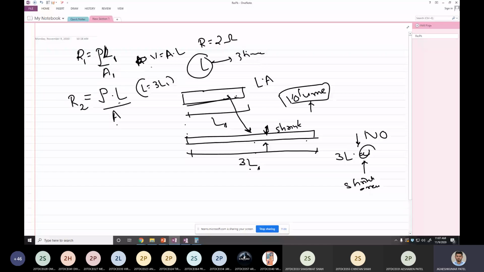Let us say the initial is A1, and I'm replacing it with this equation. V is equal to A1 into L1.